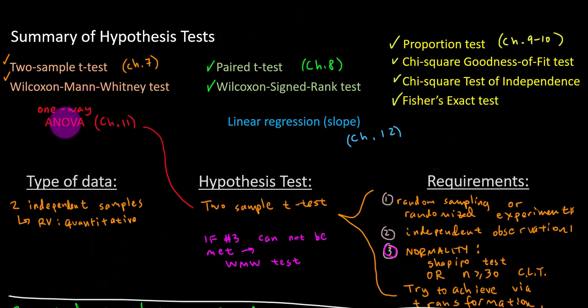As such, analysis of variance has essentially the same requirements and applies to the same type of data. Let's formalize that now. One-way analysis of variance is applied to generally 3 or more independent samples, and we use the letter I to represent the number of samples, so I is greater than or equal to 3.